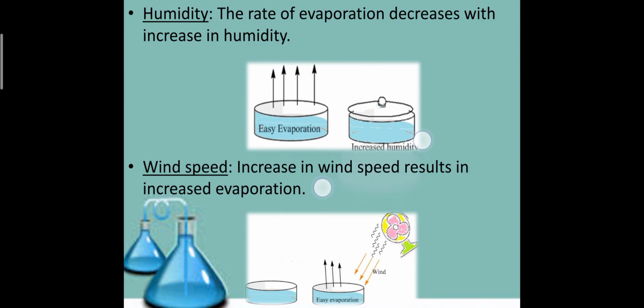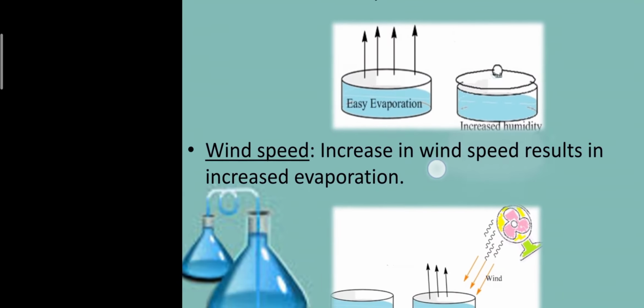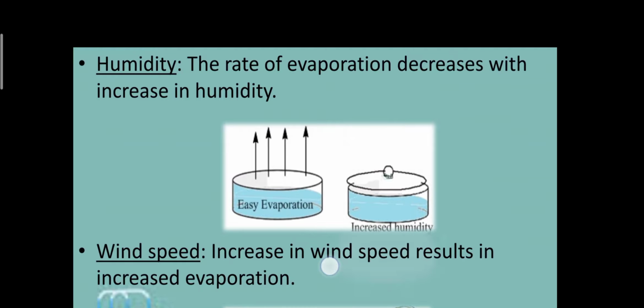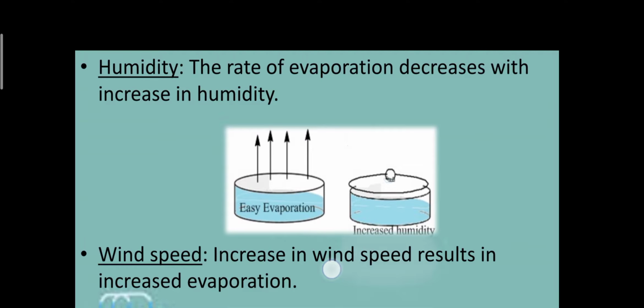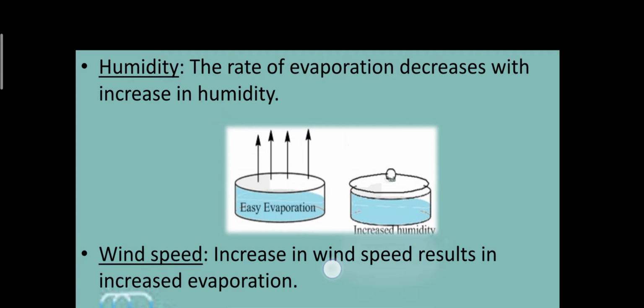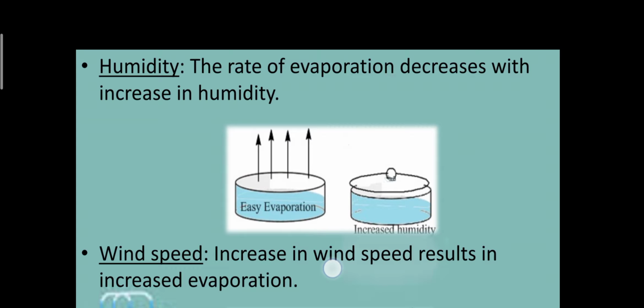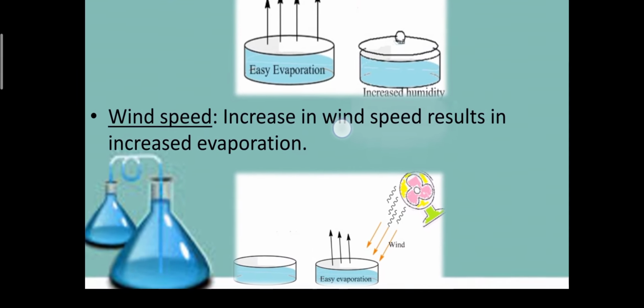Then coming to humidity. Now the rate of evaporation decreases with the increase in humidity. We all know that humidity means some amount of water present in the wind. So when the wind has humidity or water, then the evaporation rate will decrease because water is already there, so evaporation will be low.